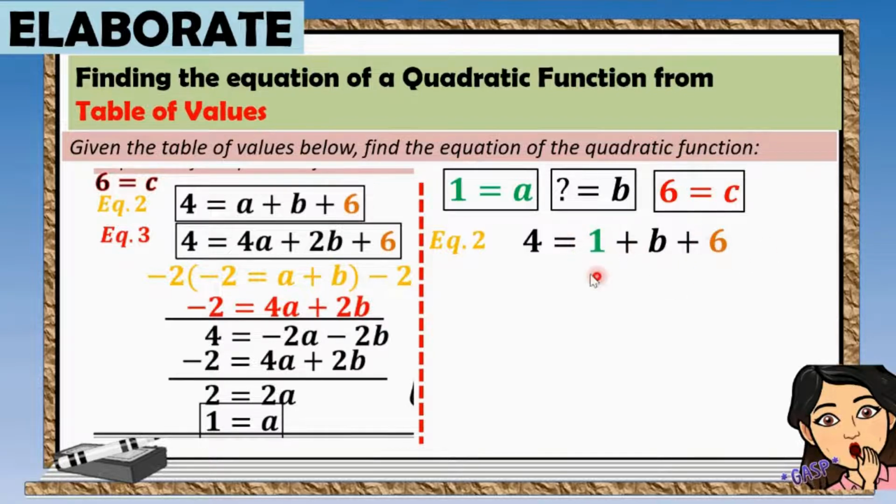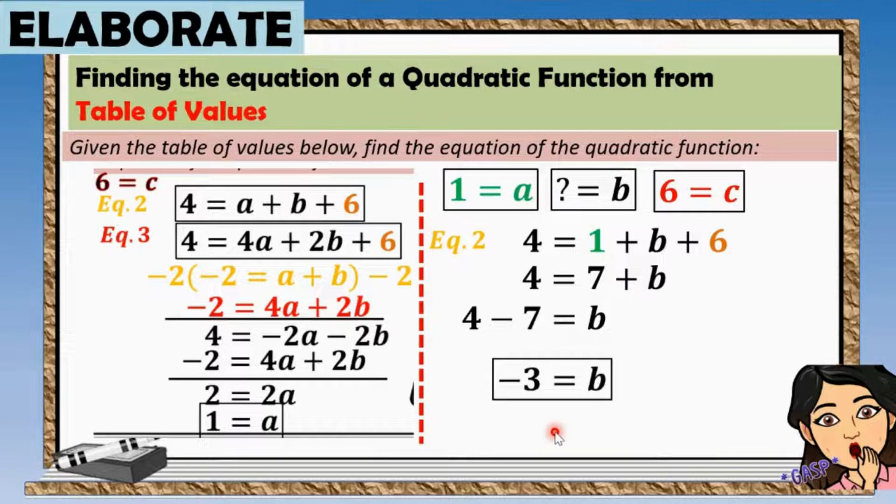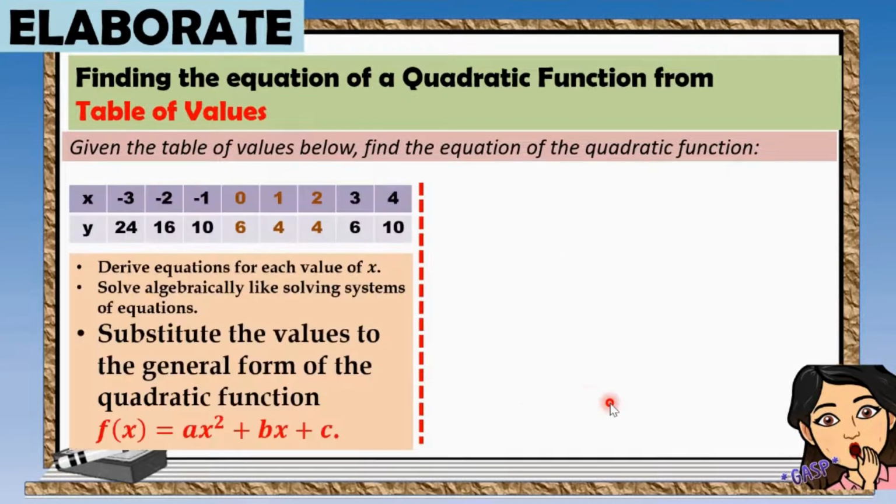So, ang matitira dito sa right side ay 7 plus B. Sa left side is 4. So, add negative 7 to both sides to remove positive 7 on the right side. So, therefore, we have 4 minus 7 equals B. So, simplify. 4 minus 7 is negative 3. So, therefore, B is negative 3.